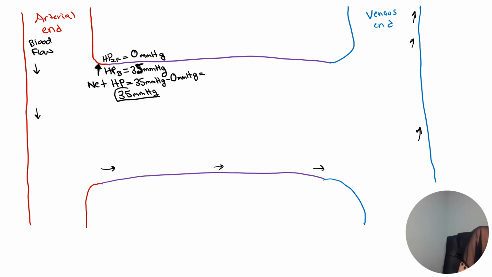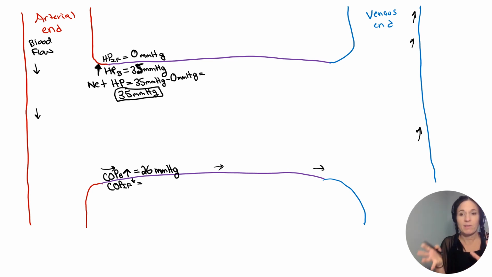Okay, so now we have our net hydrostatic pressure, but we also have this opposing force, so the pull. So we have our blood colloid osmotic pressure. Okay, because we have these plasma proteins that, right, because of osmosis, water is going to be pulled in towards the plasma proteins. So our colloid osmotic pressure is going to be 26. But we also have colloid osmotic pressure of the interstitial fluid. Right?